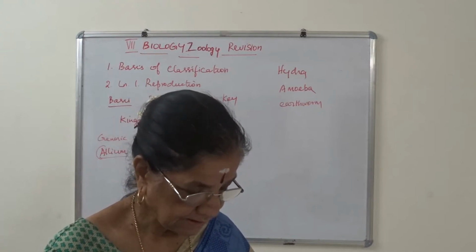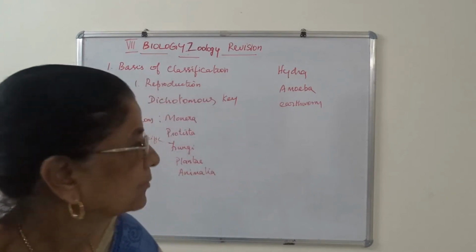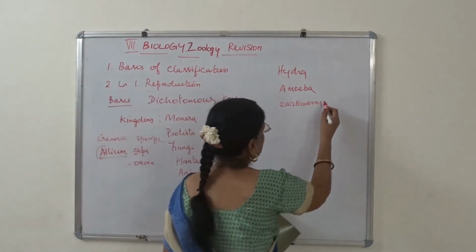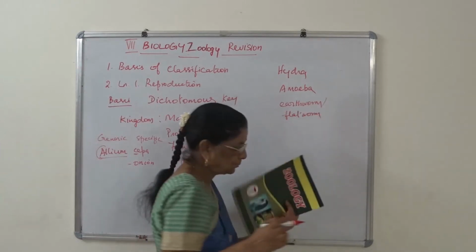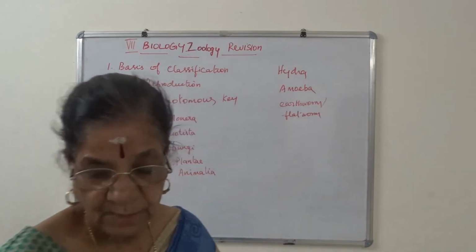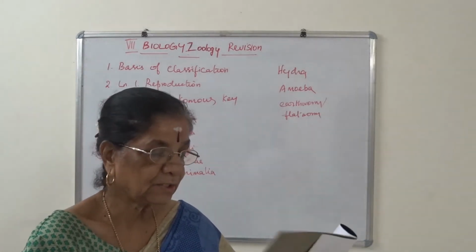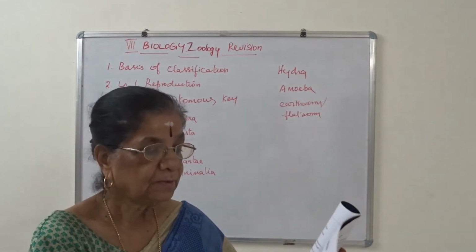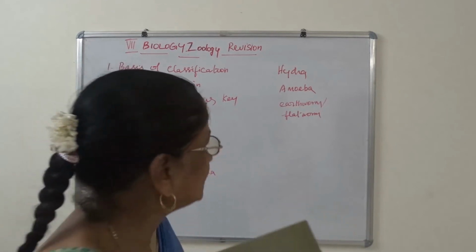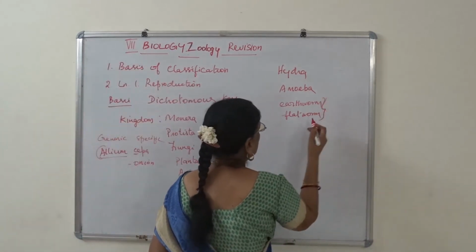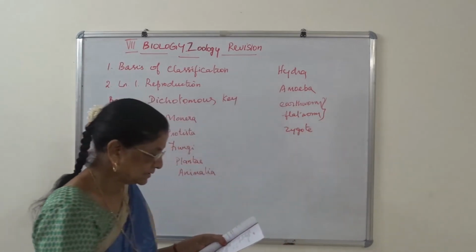The same organism will have both the sex organs. Right? Then the male and female gametes fuse to form a single cell called zygote.